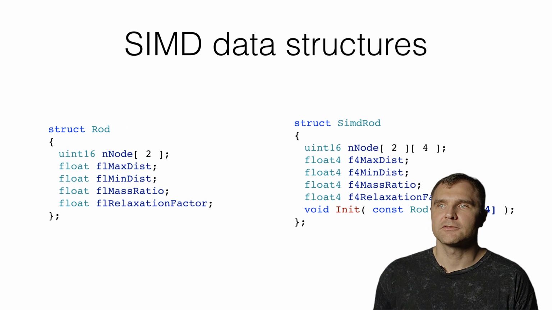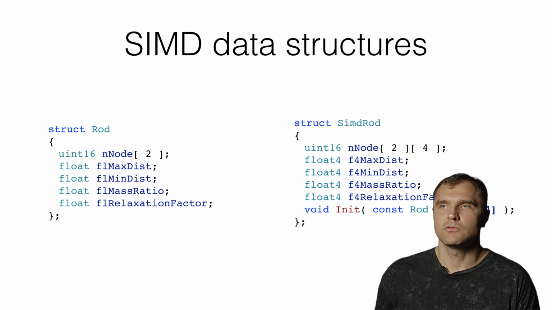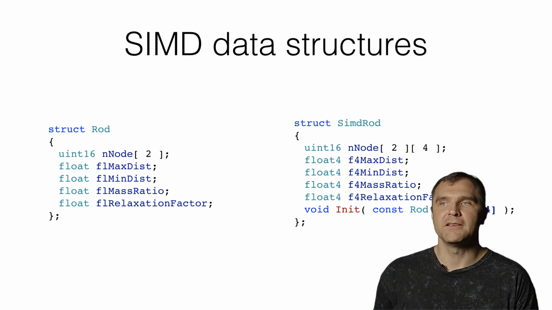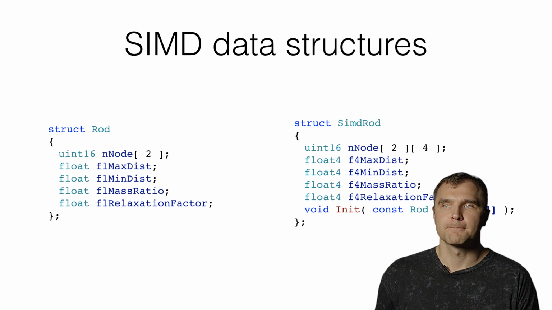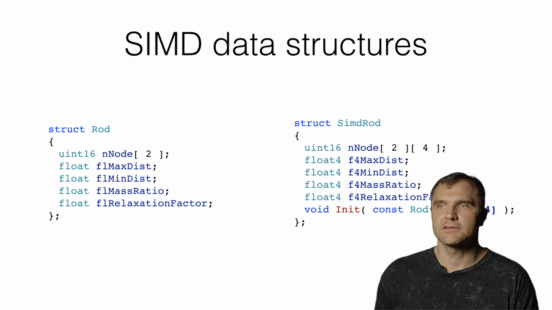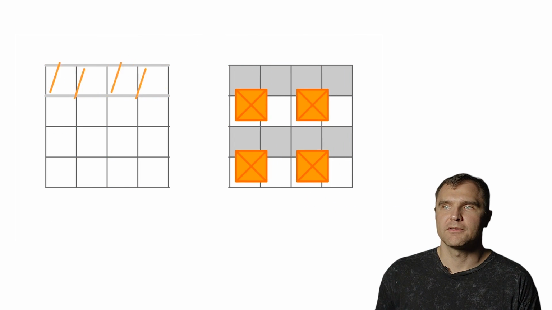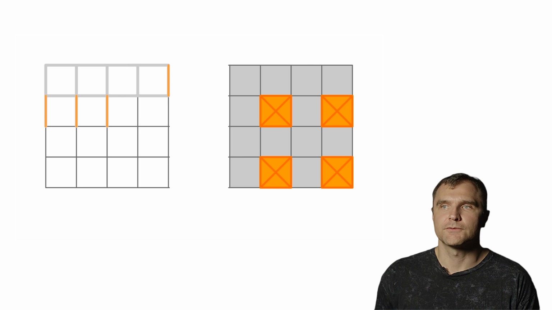I take the scalar data structures and I replace all types and operations with their SIMD equivalents. Float becomes 4 floats, and int becomes 4 ints, and so on. And it just works. This is an example of a scalar path versus a SIMD path struct in a cloth solver. Of course, when you compute 4 of something in parallel, there better be no dependencies between those 4 things.